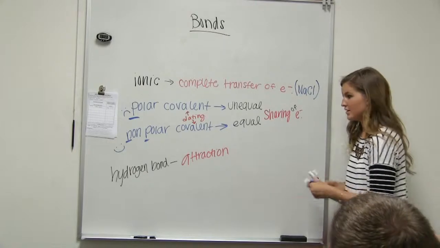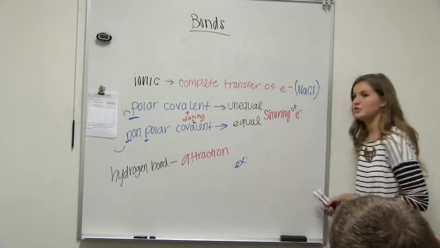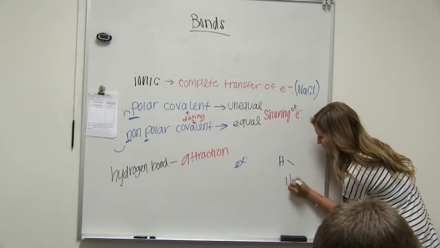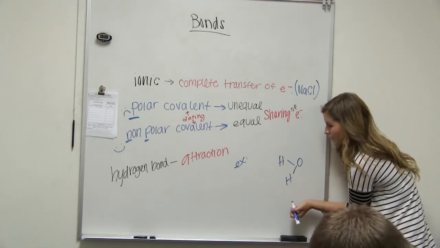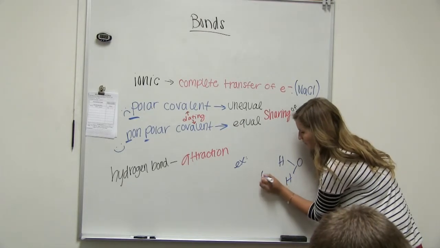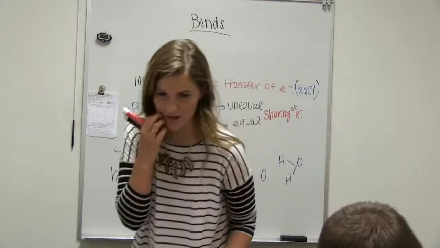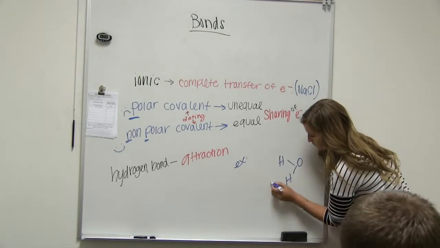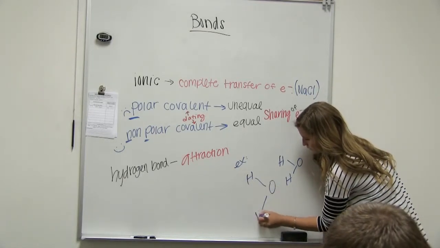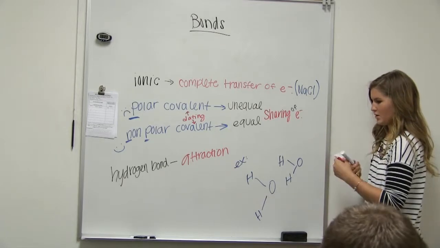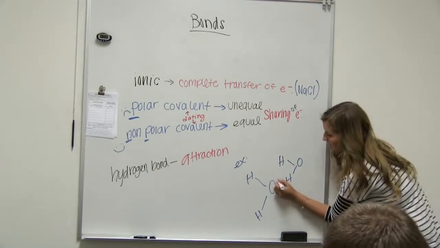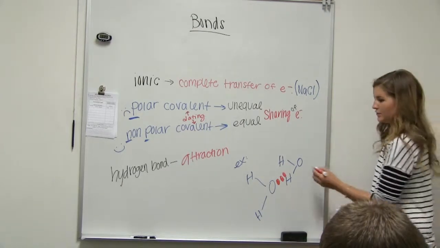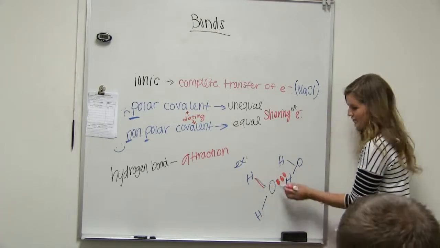So, for a hydrogen bond, the best example would be two water molecules being attracted to each other. So we have H2O, and then over here, how do I want to draw this? So I have two water molecules, right? And then I'm just going to give an attraction. Attractions are written in dots. Notice this is a bond. Attraction.